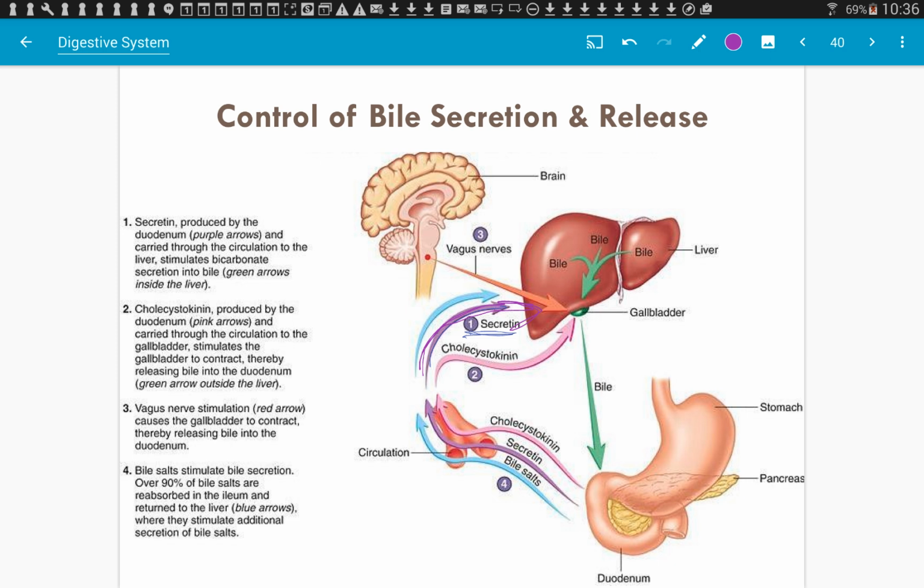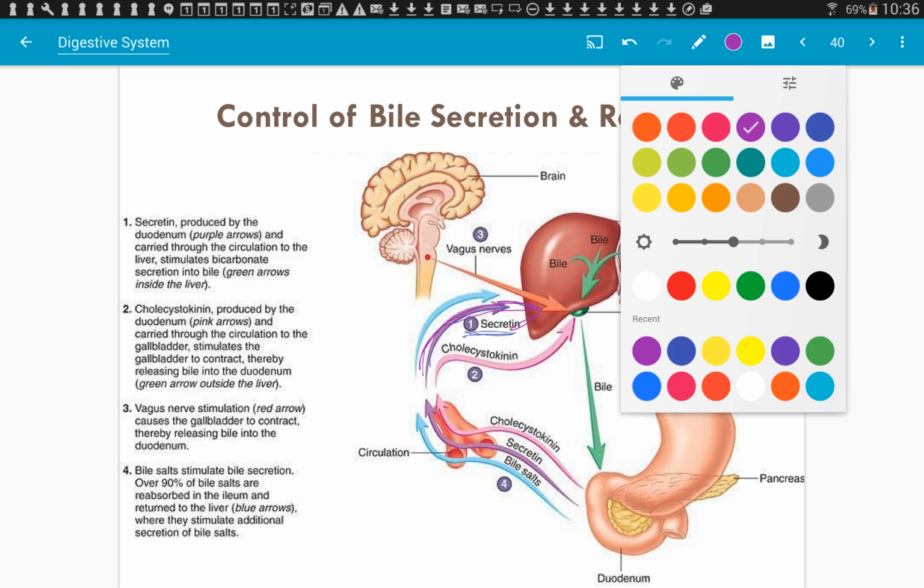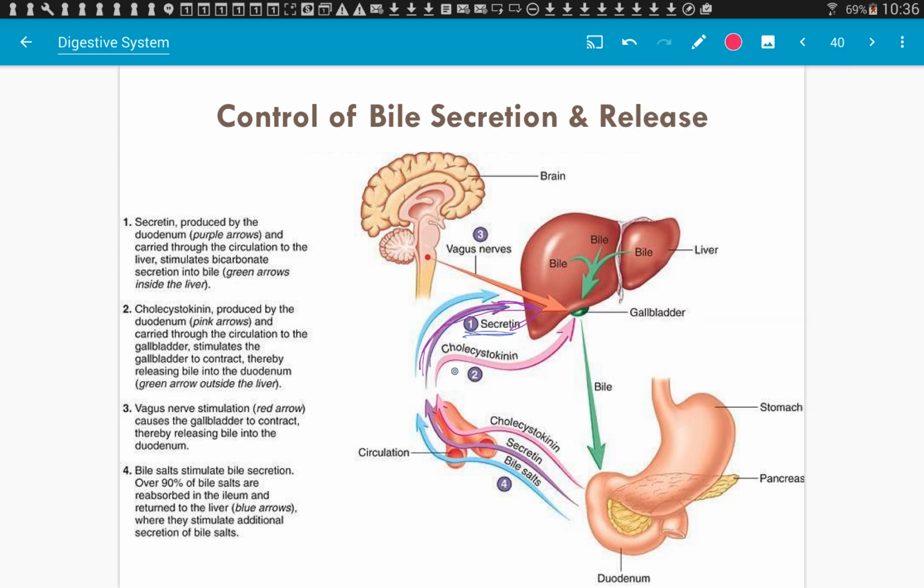In addition, we have cholecystokinin, number two right here. Cholecystokinin is also produced by your duodenum, and it works directly on the gallbladder. It travels through the bloodstream, and its target tissue is the gallbladder, stimulating it to contract and squeeze the bile out, which then passes through the bile ducts and is released into the duodenum.